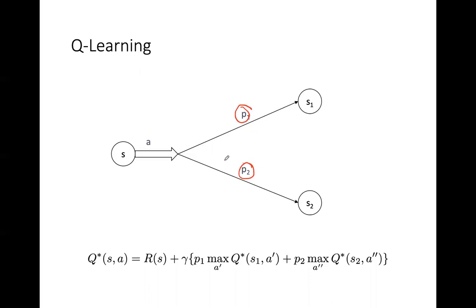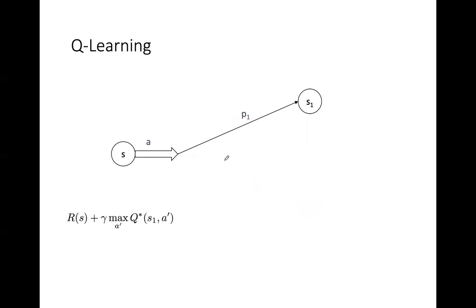Here's what I can do. This is what I meant about the sample mean. We simply draw episodes. In other words, when we're in state S, we simply try action A. The agent is in the world, it tries action A and observes the transition that happens. So maybe this first time it observes a transition to state S1.